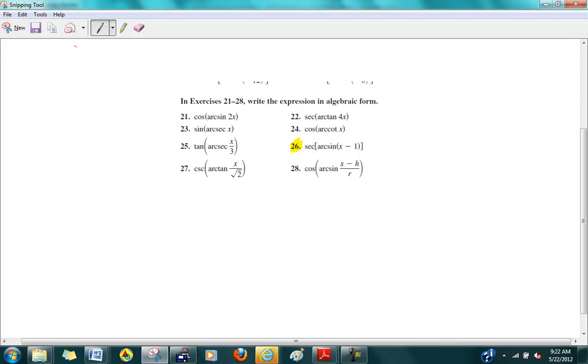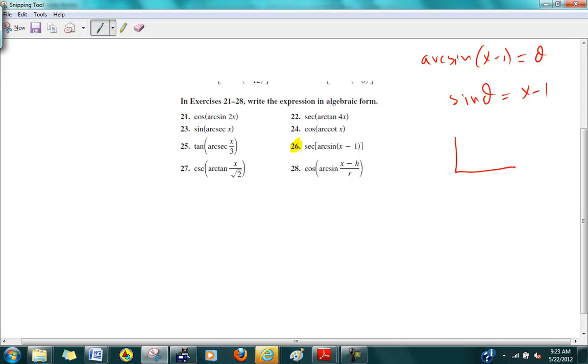And you're going to use the same kind of approach. We're going to say arc sine of x minus 1 equals theta. That means the same thing as sine theta equals x minus 1. Those two are equivalent statements.